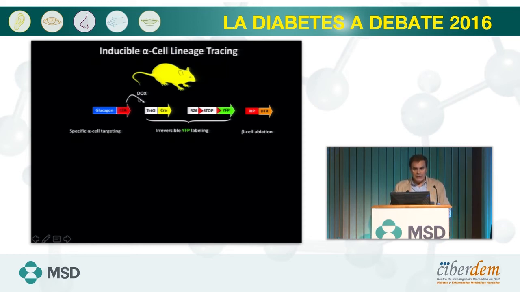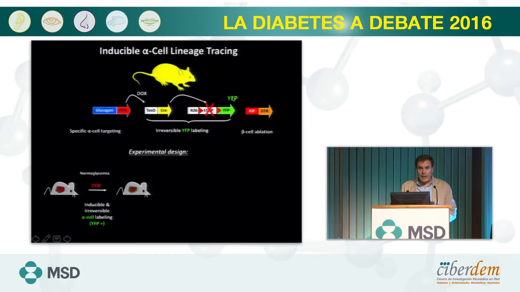In this situation, alpha cells can activate the expression of Cre recombinase, which in turn catalyzes the excision of a stop termination sequence in a reporter transgene. And in this case, we have expression of a reporter molecule, in this example yellow fluorescent protein, YFP. And in this way, by stopping doxycycline treatment, we can pulse label alpha cells in an adult mouse.